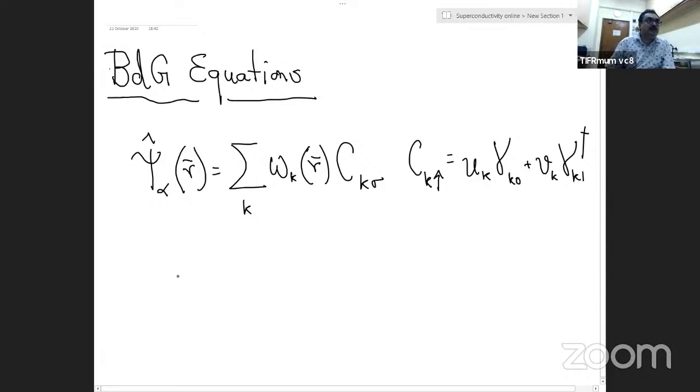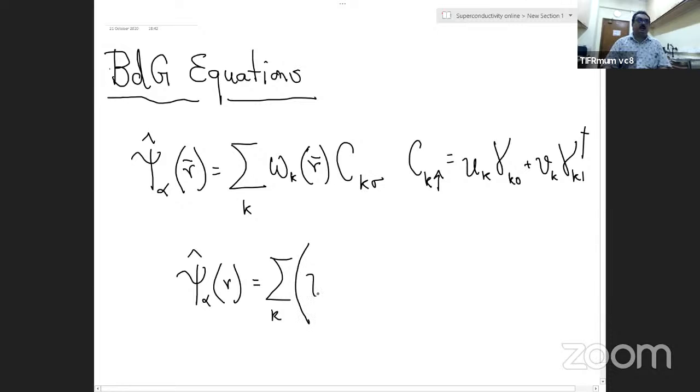So therefore I will write this quantity here as Uk, but Uk now I take to be position dependent because this Wk actually I absorb within Uk. It's just a multiplicative factor, so it doesn't matter. Ultimately, I have to normalize it. So I take this Uk now to be a position dependent quantity.